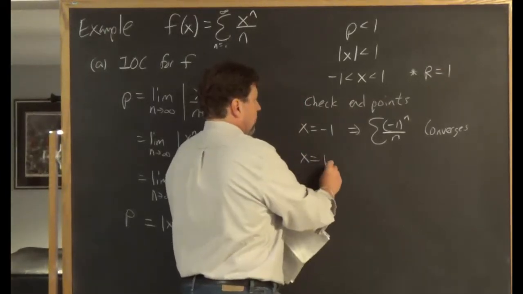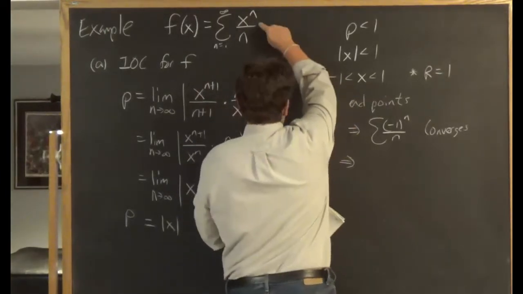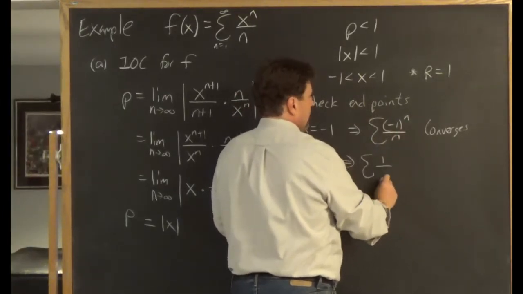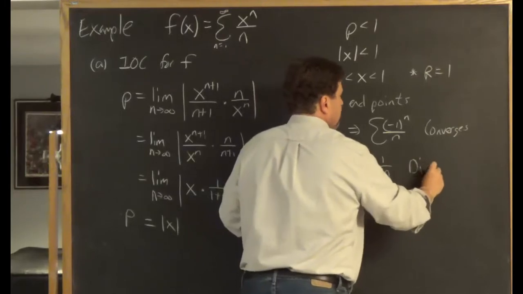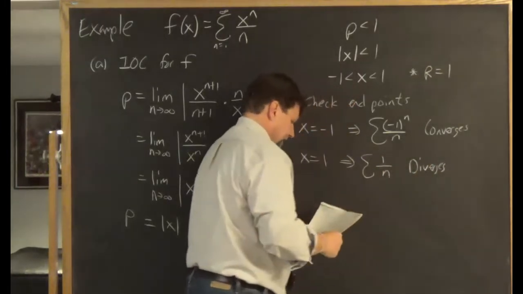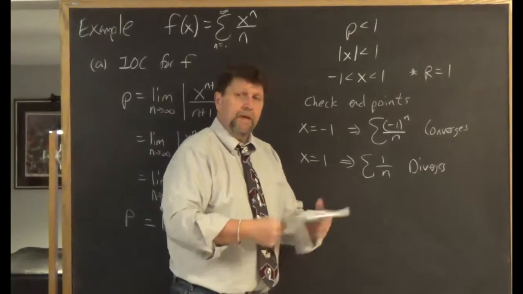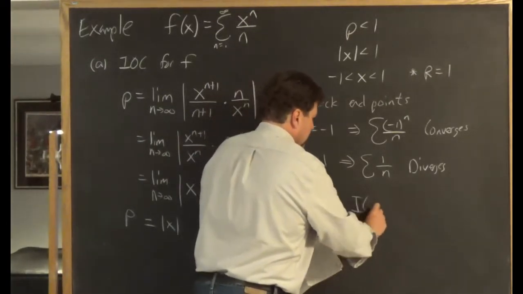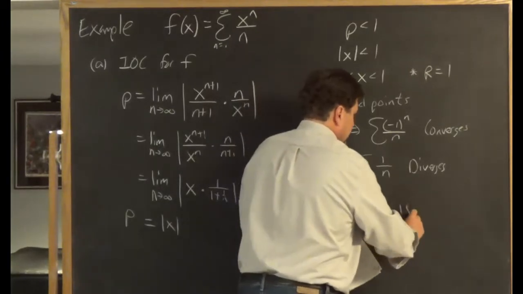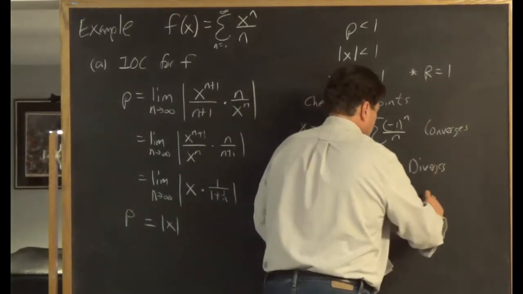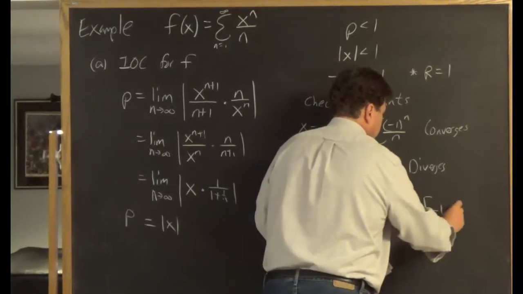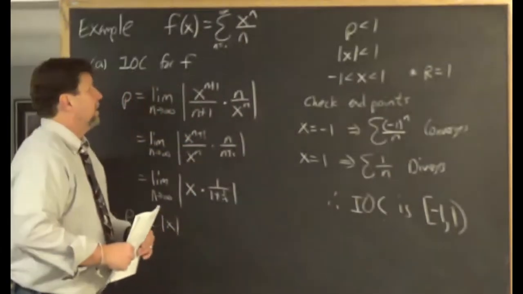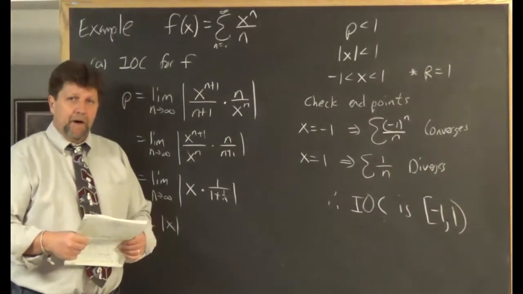When x is equal to 1, that gives you the series 1 to the n over n, which is just 1 over n, which diverges. Why does that diverge? Because it's the harmonic series. So for part A, our interval of convergence is a square bracket around -1 and a parenthesis around 1. So that's the deal for part A.